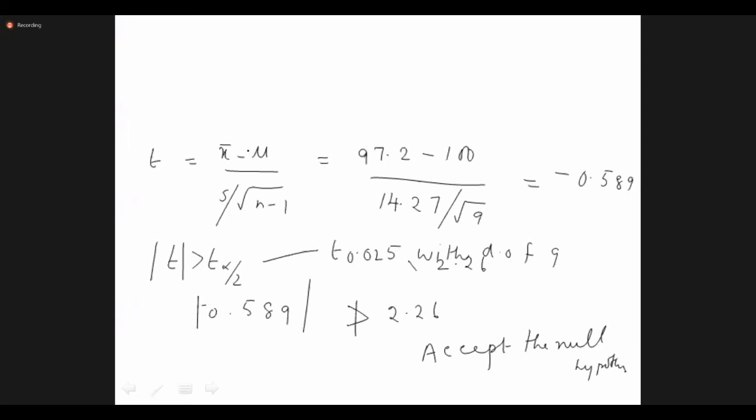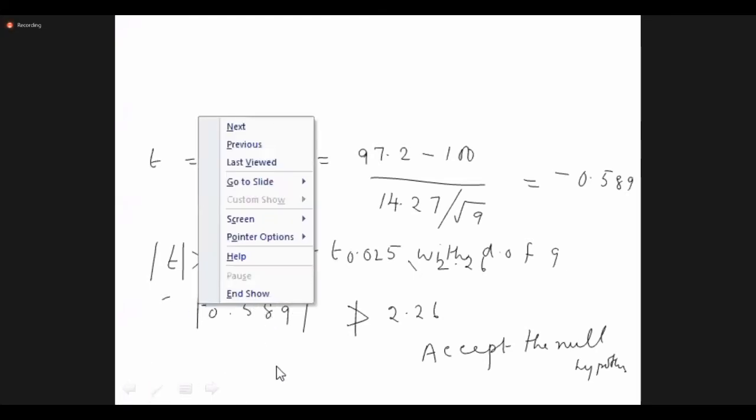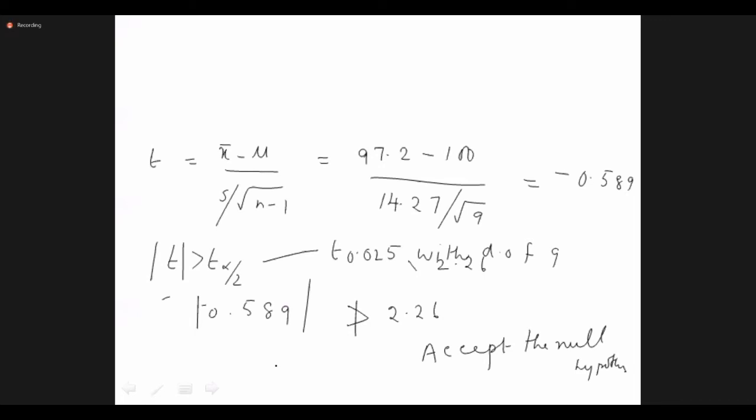Now we will see. These are the types of problems we have. Mod t greater than t alpha by 2 for the two-tailed test. We know that t greater than t alpha for the right-tailed test, and t less than minus t alpha for the left-tailed test. That is what I told you.